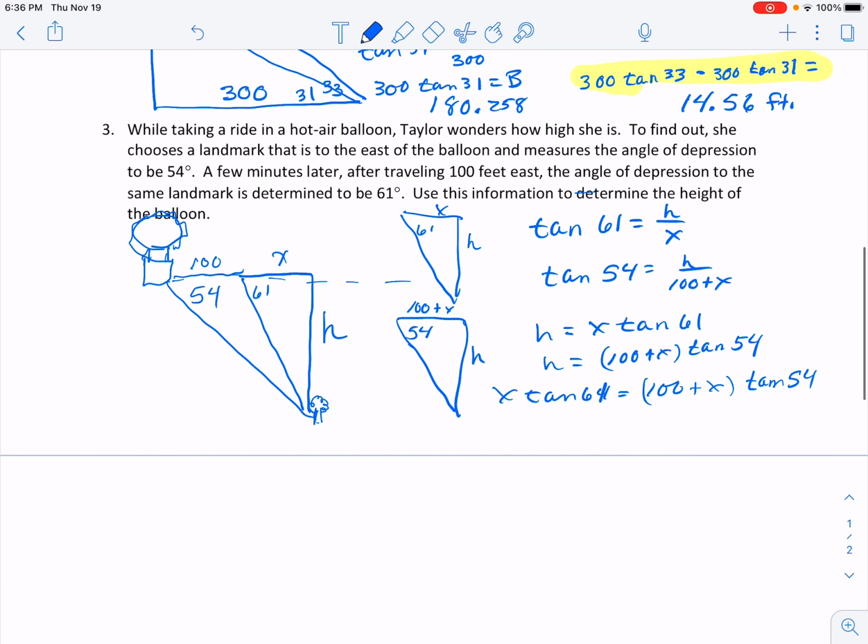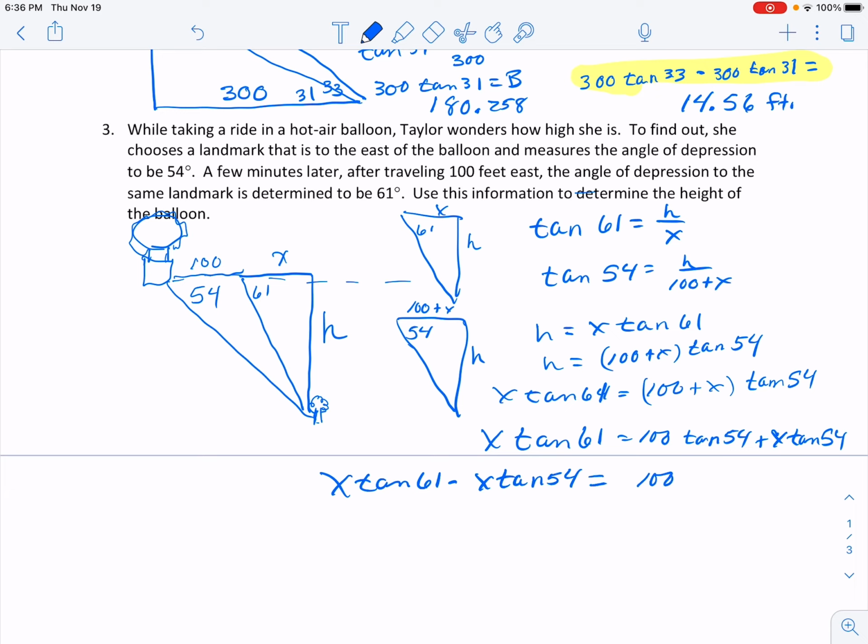Okay, I'm going to keep rolling. You notice I don't have any numbers. I didn't put them in my calculator. That's 100 times the tangent of 54 plus X times the tangent of 54. I'm going to put the terms with X on the same side, so I have X tan 61 minus X tan 54 equals 100 times the tangent of 54.